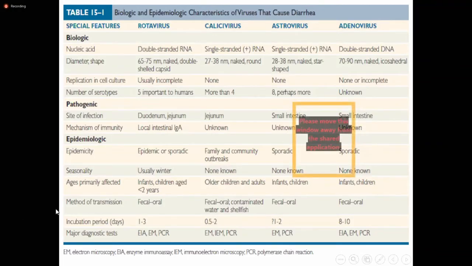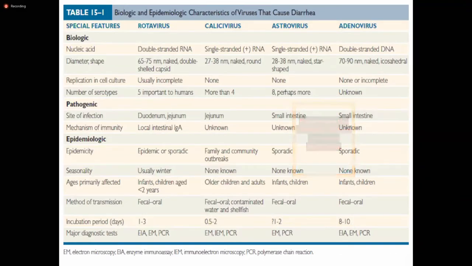All of them have fecal-oral route transmission. The incubation period is also very, very important. Incubation period of rotavirus, 1 to 3 days. Calicivirus, 0.5 to 2 days. Astrovirus, 1 to 2 days. Adenoviruses, 8 to 10 days.